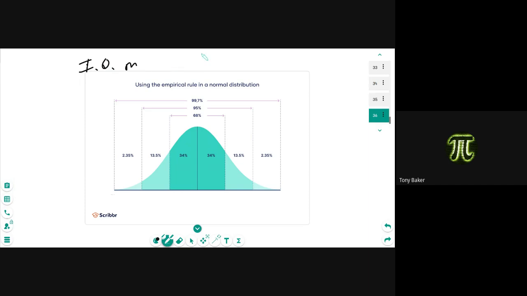Actually, I'm going to use the correct symbols so you can get used to seeing them. And your standard deviation is 15. So 100 is in the middle, and we add and subtract 15 from both sides. So you go 85 to 115, 70 to 130, and 55 to 145.